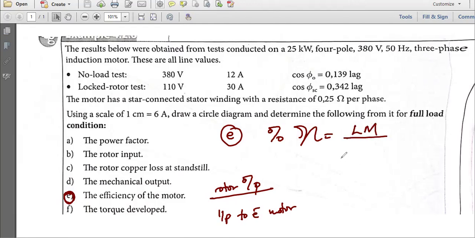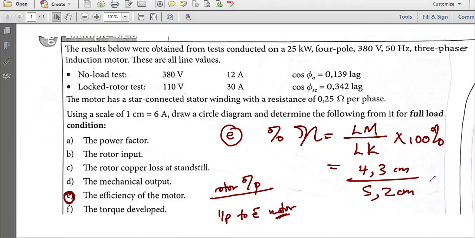The input to the motor, not to the rotor, but to the motor. That is the whole of LK. So that's it, times 100%. We're going to have percentage efficiency. Measure LM, approximately 4.3 centimeters. LK, approximately 5.2 centimeters. Then multiply by 100%. So that was going to give us a percentage of 82.692. Right? So that's what we're going to have at the end.